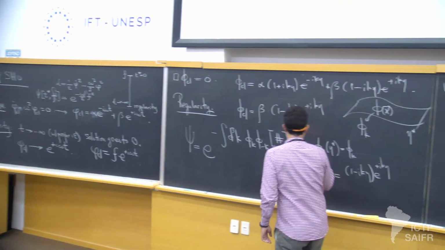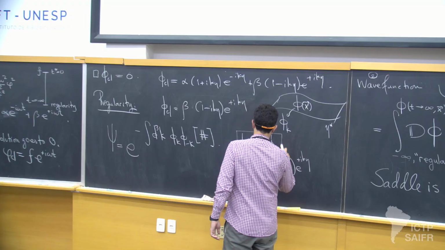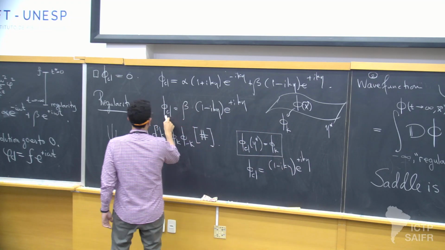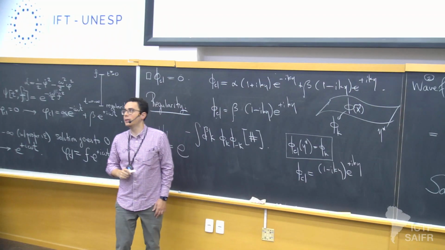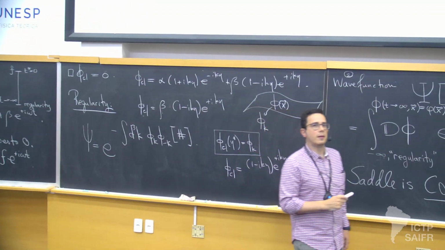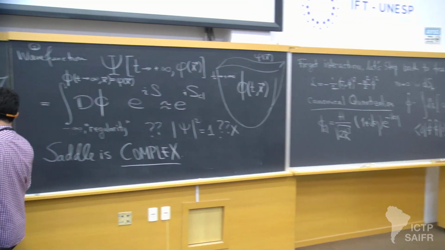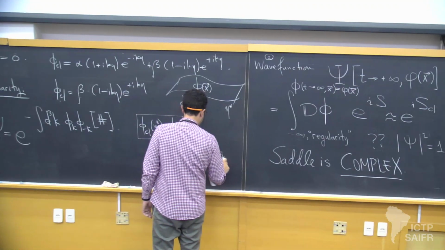So let's plug this equation here, and we get beta. Then you tell me what beta is. Phi k is there, good. That's it.